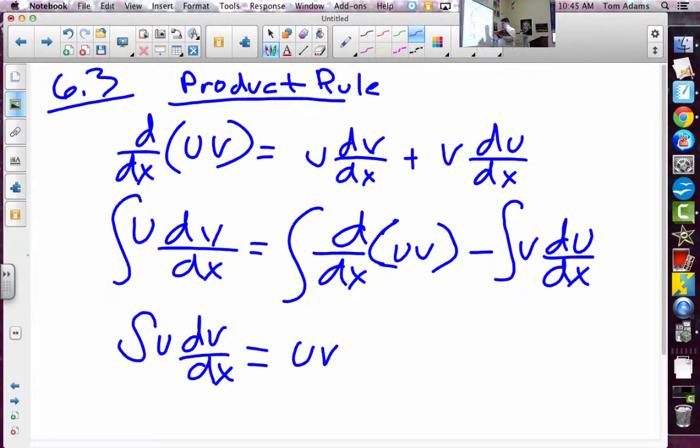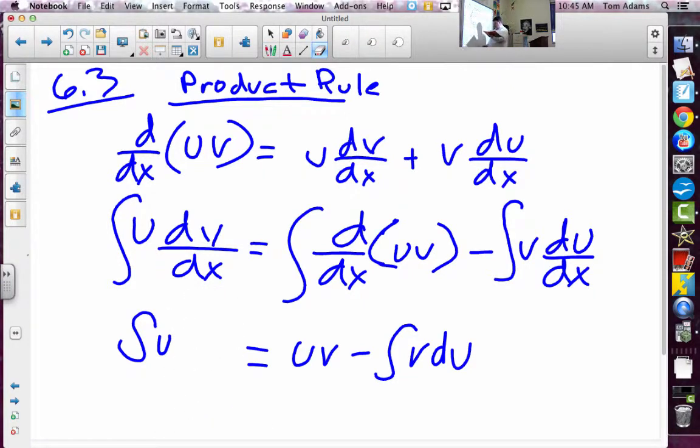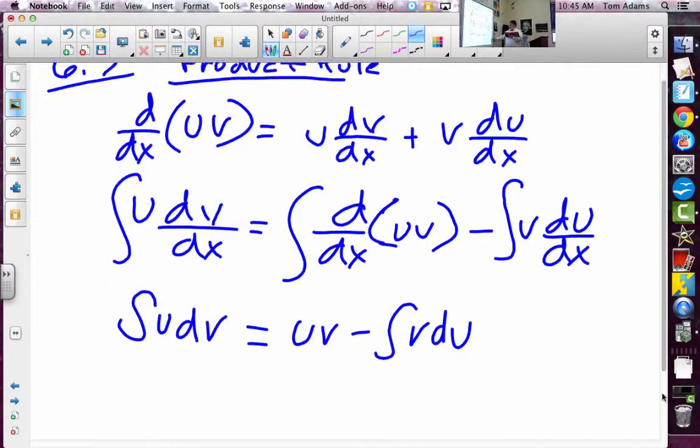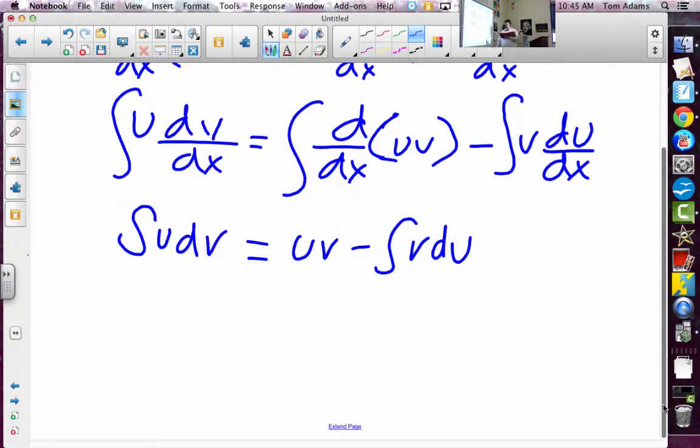So that's just uv minus the integral of this stuff, which is just going to be v du, if we want to write it that way. And so normally we don't do the x's, we just say u dv, because the x's cancel out and they use substitution. That's how your textbook writes it. So this is how we could do integration by parts.